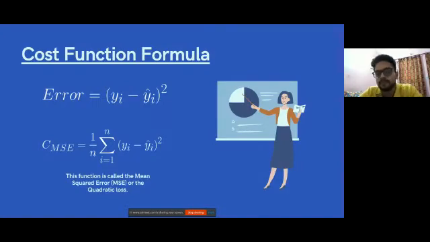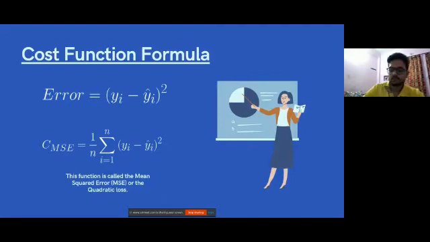Here we consider that there are n output neurons in the output layer, and i denotes the ith neuron in the output layer. Yi is the given output in the data set. Yi hat is the output produced by the network.